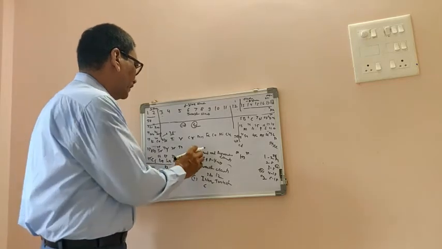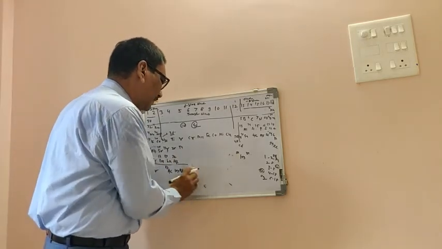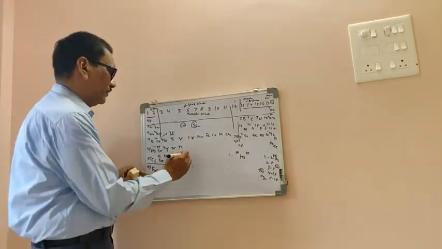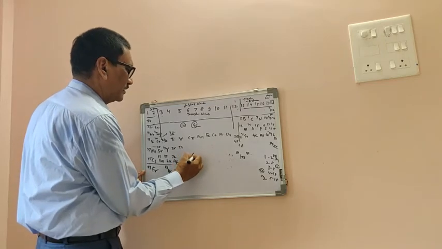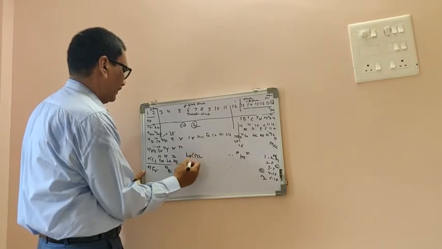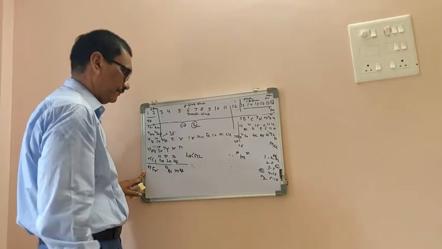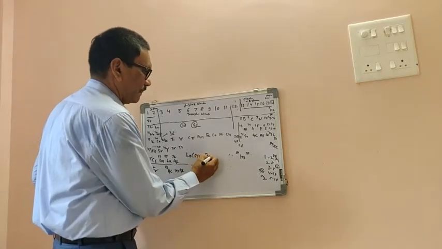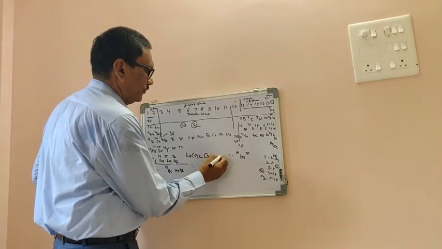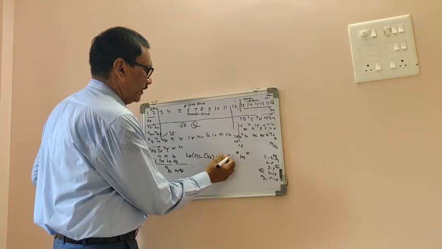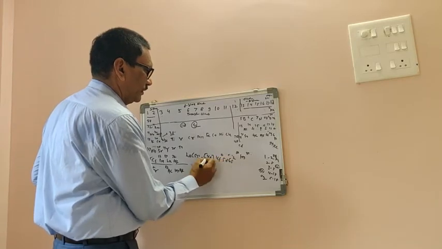Then lanthanum has the electronic configuration in terms of the noble gas here. Lanthanum 57 comes after barium, with xenon core 4F0 5D1 6S2.